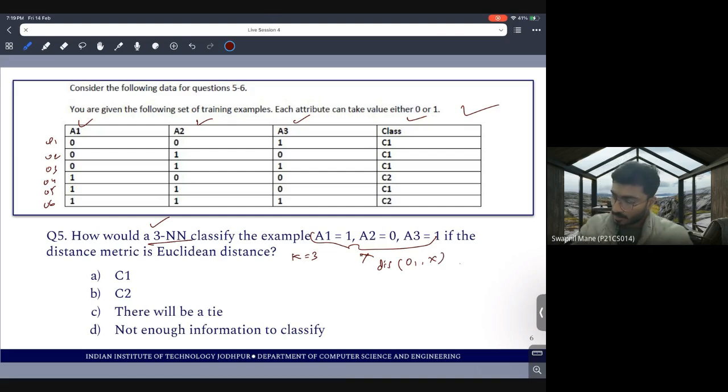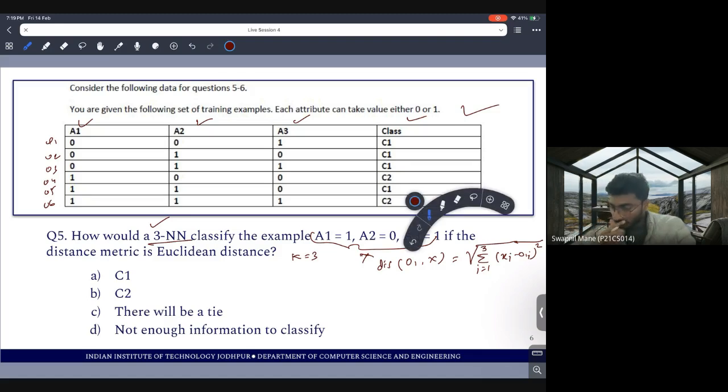The Euclidean distance is the square root of the summation of i equal to 1 to 3, since the number of attributes is 3, of (xi minus o1i) squared. So this is the Euclidean distance formula for this question. Has anyone got an answer other than C2 or C1? Only two options, C1 or C2, or maybe there is a tie, not enough information.